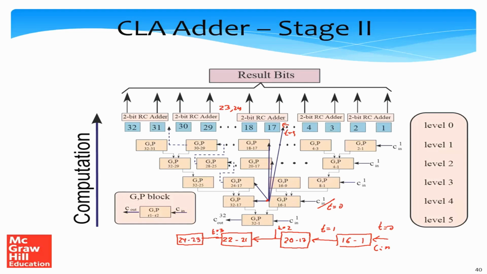So basically by t equal to 3, the carry in here will be available, and we can then perform the addition. So we can convince ourselves that for each of these blocks at the end of 5 steps, we are guaranteed to have the carry in available for each of these adders, and then we can perform the addition, which is a quick step. It takes a constant amount of time, right?